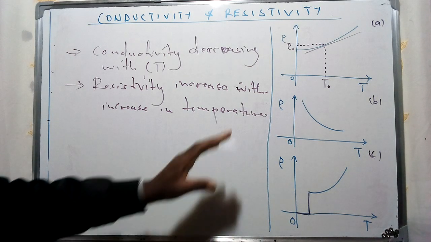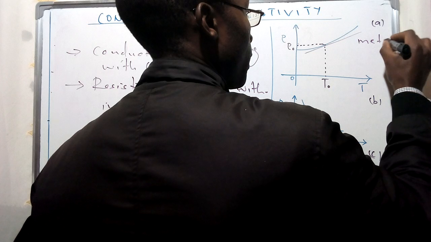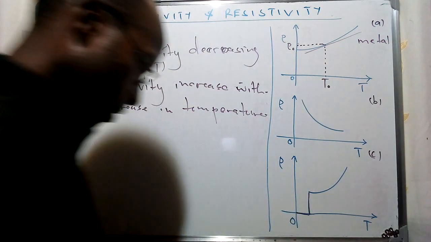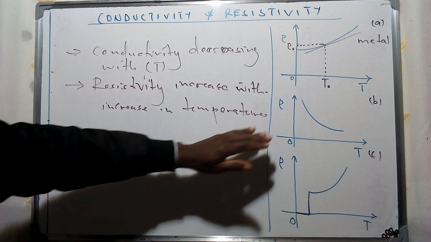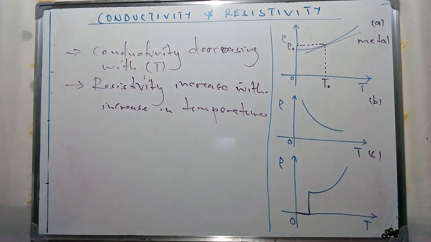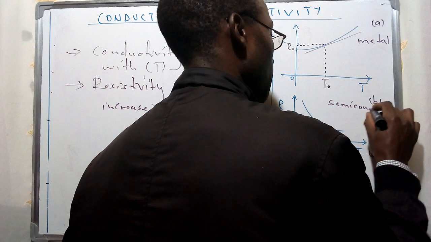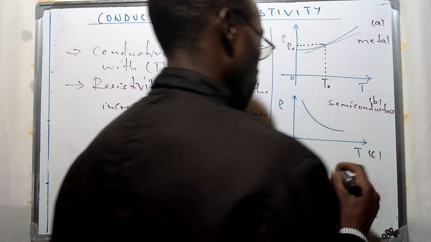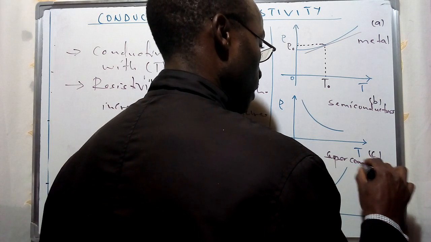Now in this case, I just mentioned this. So I'm going to consider this specific illustration for the graph that I've given for A, B, and C implying metals. These are going to be a graphical representation of resistivity against temperature. And then we're going to consider resistivity against temperature for materials which we refer to as semiconductors, and then we shall look at materials which are referred to as superconductors.